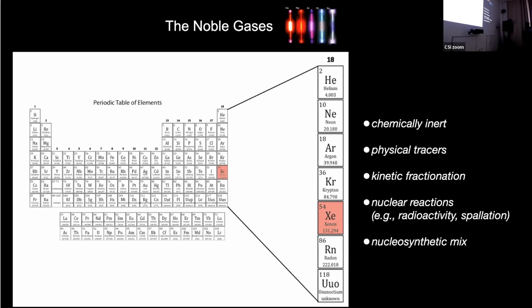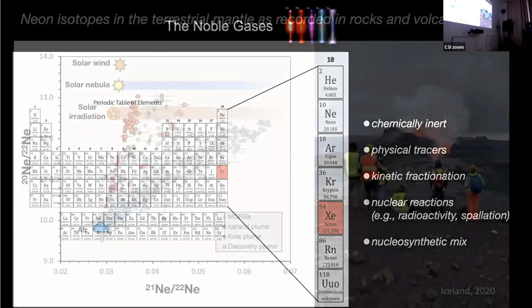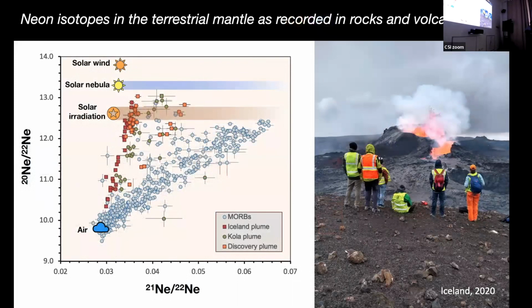And I will start by looking at neon in the terrestrial mantle. It's a little bit of a digression, but neon has 3 isotopes, and the bottom line is that if you normalize to one of the isotopes, here neon 22, and you have a mixing between 2 poles, you obtain a straight line.